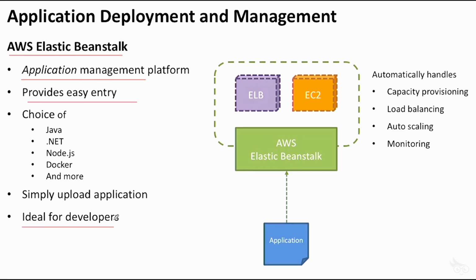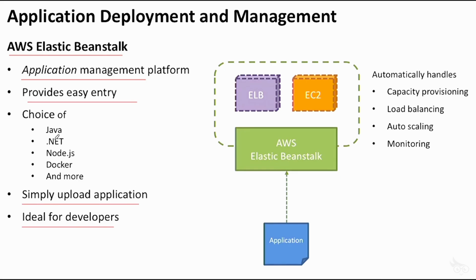They don't want to bother with managing servers or resources. They don't want to install Nginx or Apache or PHP. They just want to write their application and hand it off and allow some other service to manage the underlying infrastructure for them. So in that case, developers simply upload their application.